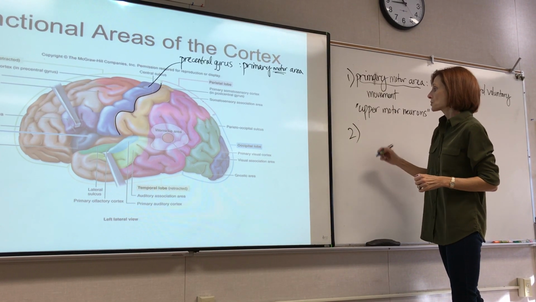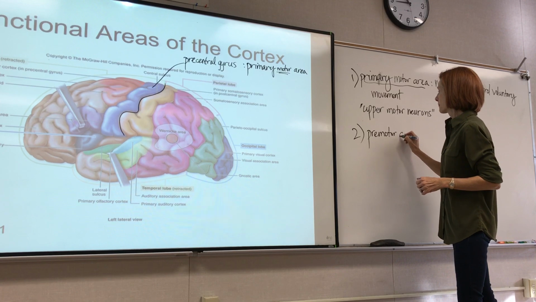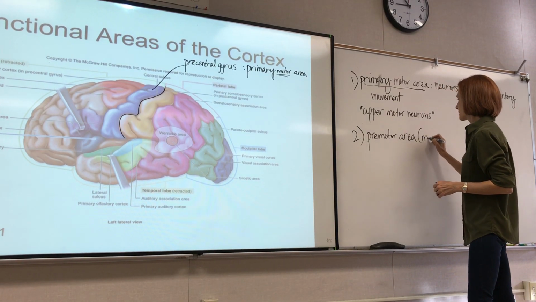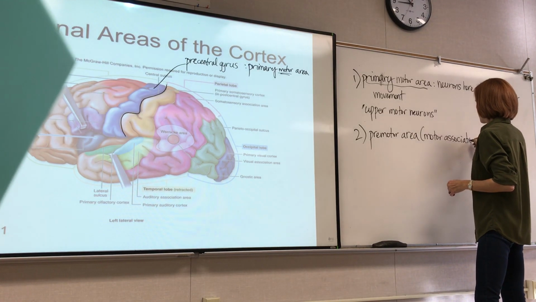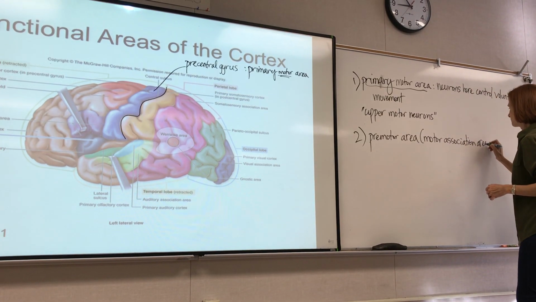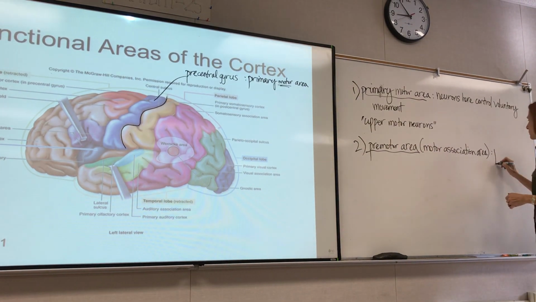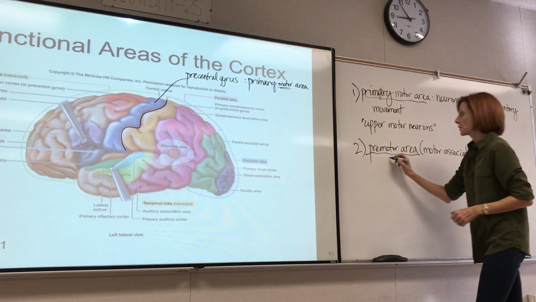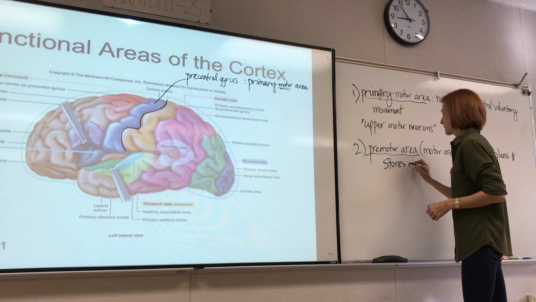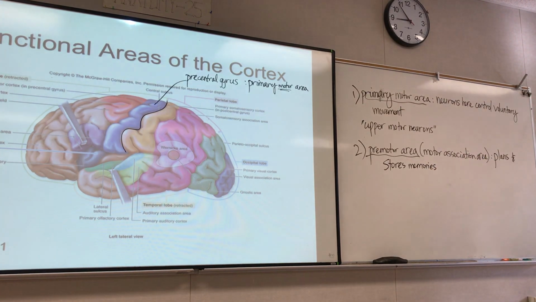So there's an area just in front of this that's called the premotor, and you can also say motor association area. This is the area that plans, and it actually stores memories, very interesting, of any movements that are somewhat complex that we have learned.